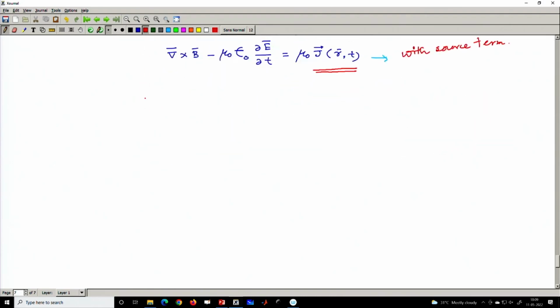I can have the divergence of B to be 0. That readily allows us to write that B is equal to curl of a vector potential A. This is not new, we had done this earlier.